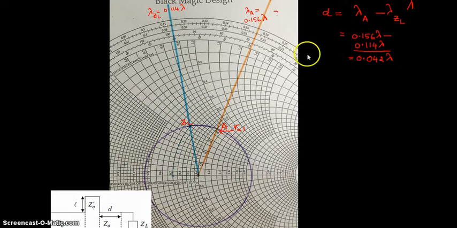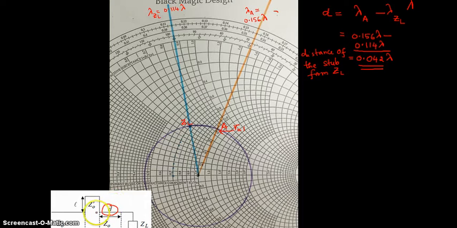This is equal to the distance of the stub from the load. So you can see that this is your distance.